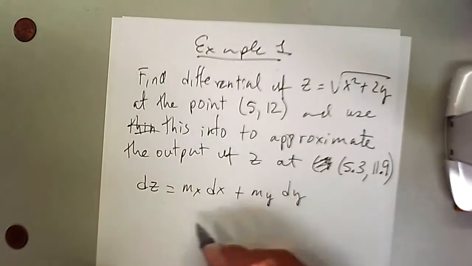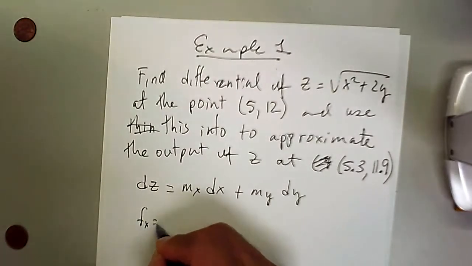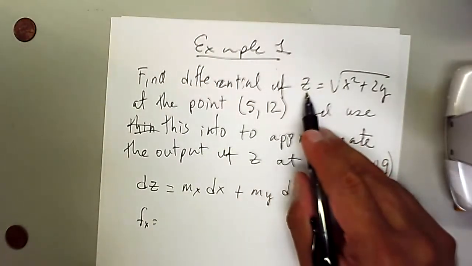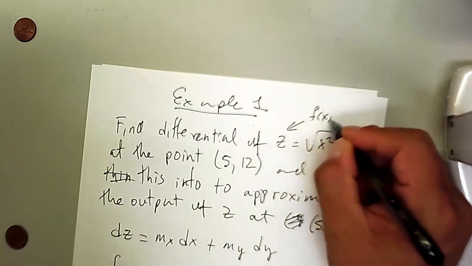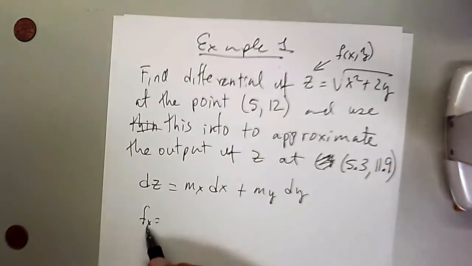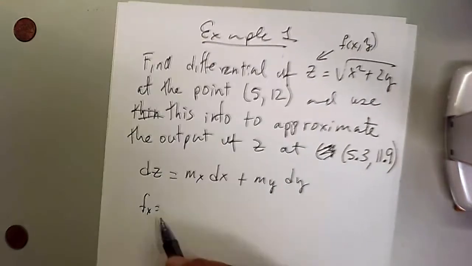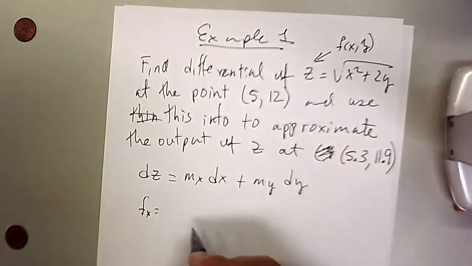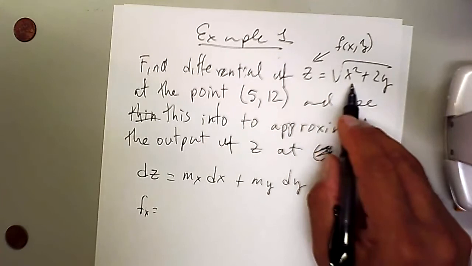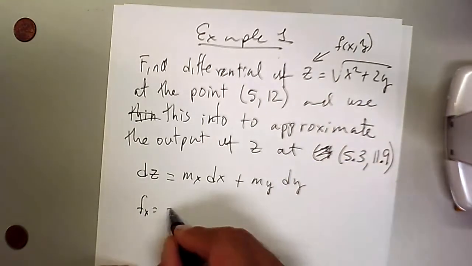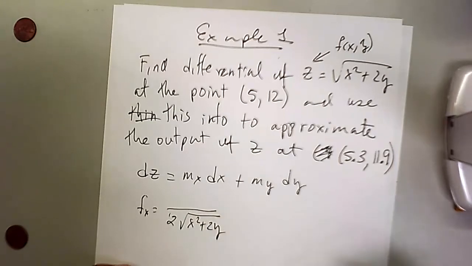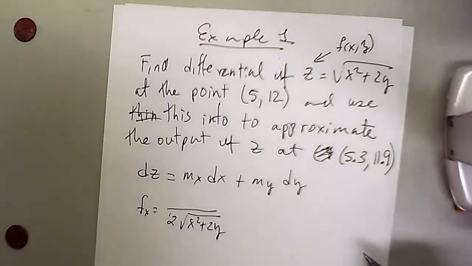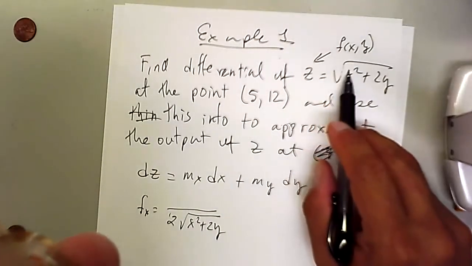So first we find the partial of the function. Even though I did not label it as f, let me modify this. This is f of x, y. Now, I'm gonna label it f, and we can find the derivative. So the derivative of the square root in general is 1 over 2 times the same square root.